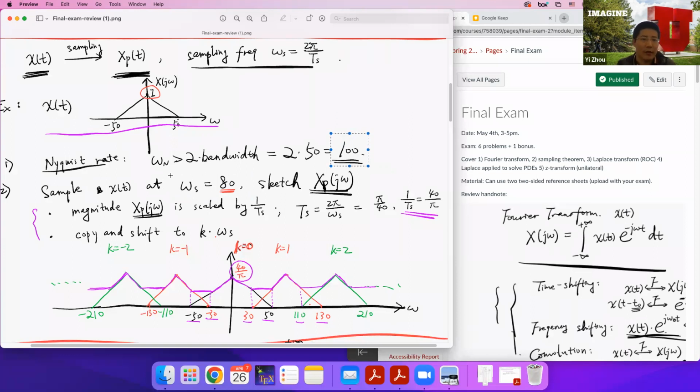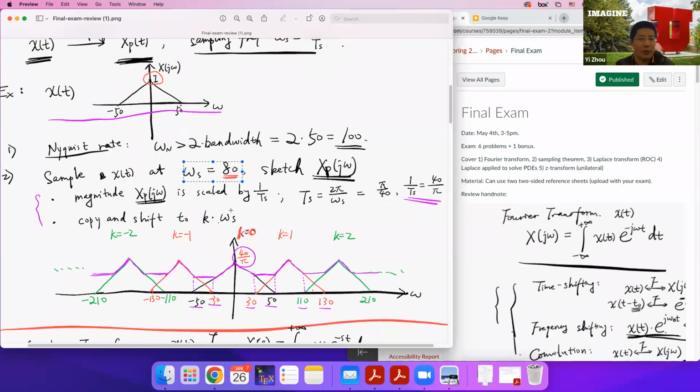Then let's sketch the spectrum of this sampled signal. As we have gone through many times in lecture 8, the idea is that we copy the original spectrum and shift it to different locations by a period of the sampling rate. For example, the zeroth copy is essentially the original spectrum, ranging from -50 to 50.